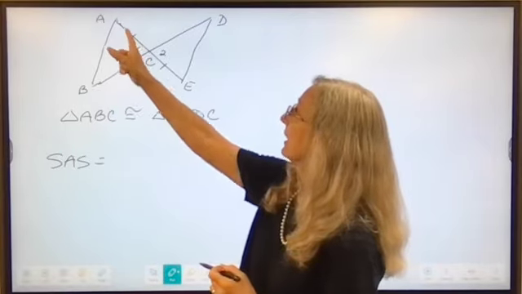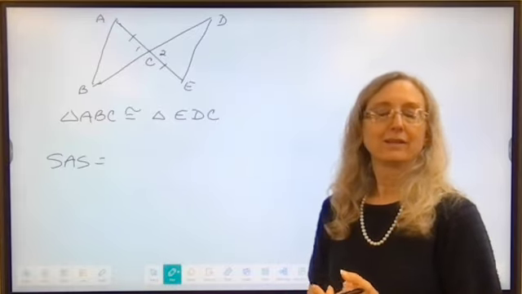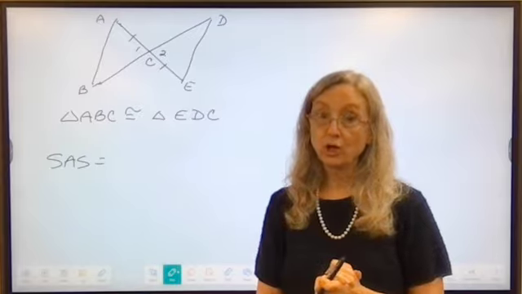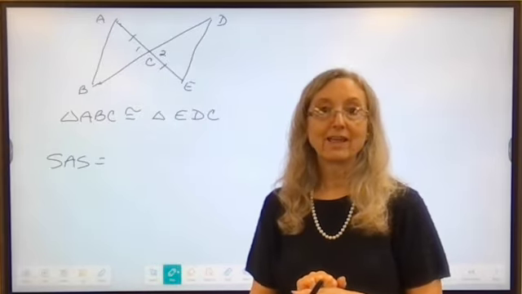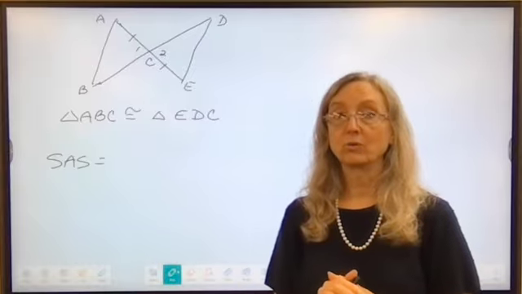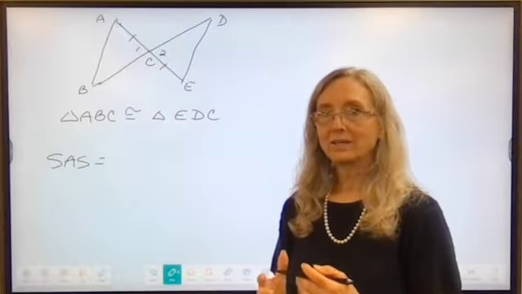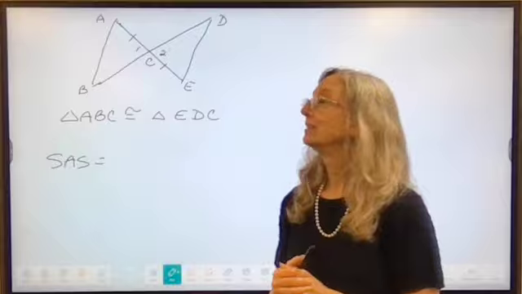Notice I have AC and EC are marked congruent. The other thing that isn't stated, but hopefully you should know, is that angle 1 and angle 2 are vertical angles. Therefore, they are congruent. So in order to use side angle side, what other piece would I need? What's missing?